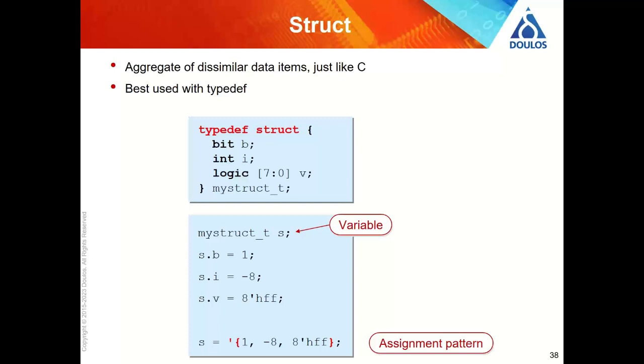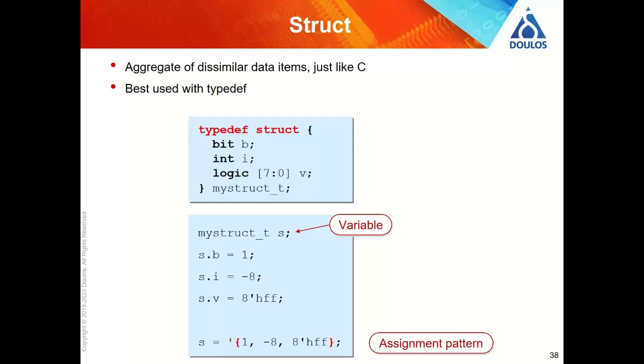Here's an example of a type that's come from C. The struct type in C is available in SystemVerilog. In C, it's normally preferable to use typedefs, and we can do the same thing in SystemVerilog as well.